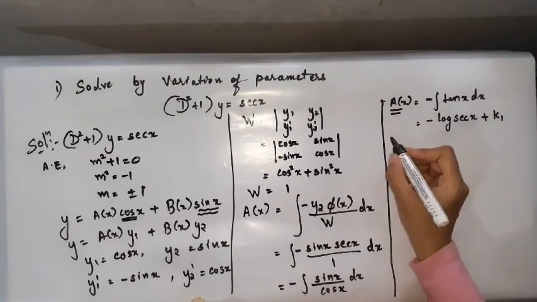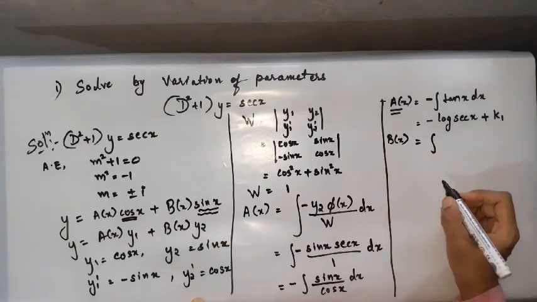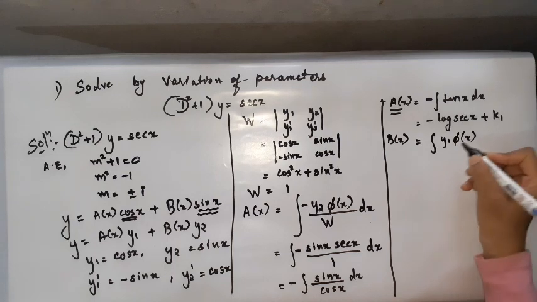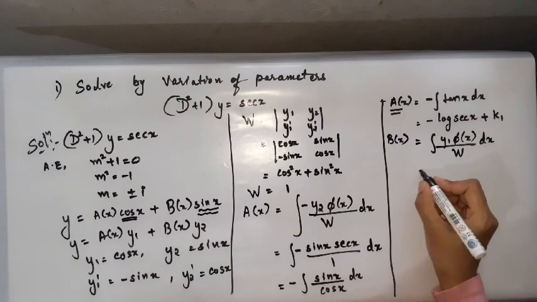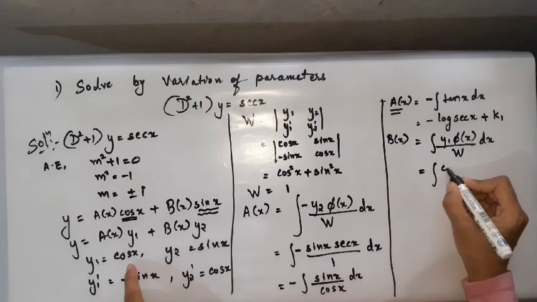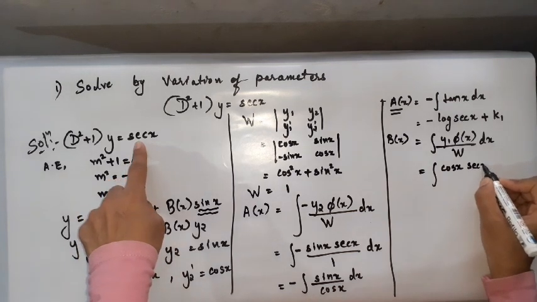Okay, now let us work for b of x. The formula for b of x was the integral of y1 phi of x divided by W dx, and that was equal to, what was y1? It is cos x. What is phi of x? Secant x.